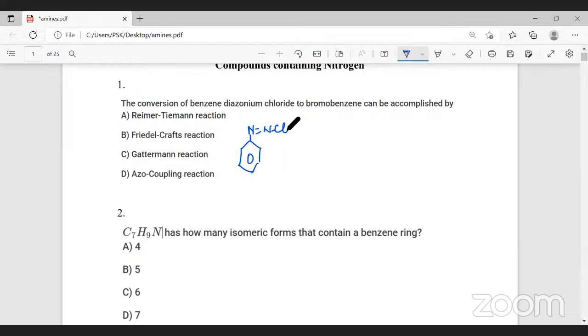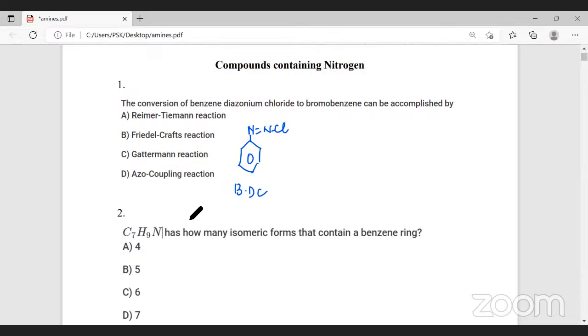This is benzene diazonium chloride. Benzene, 2 nitrogen diazo and chlorine, therefore benzene diazonium chloride. It is abbreviated as BDC. This benzene diazonium chloride reacts with copper powder in the presence of hydrogen bromide to form bromobenzene.